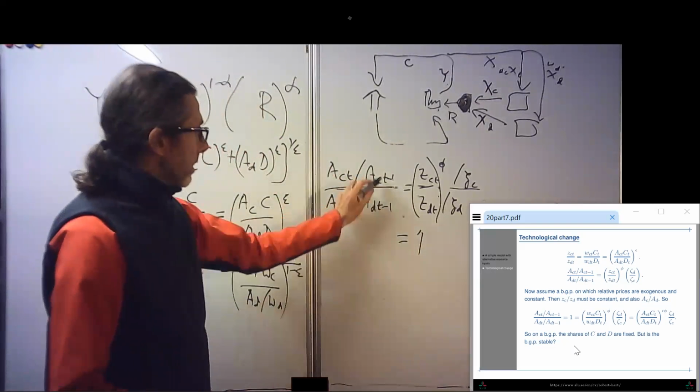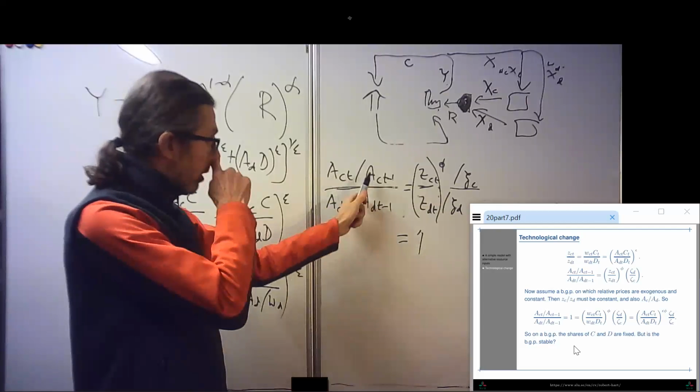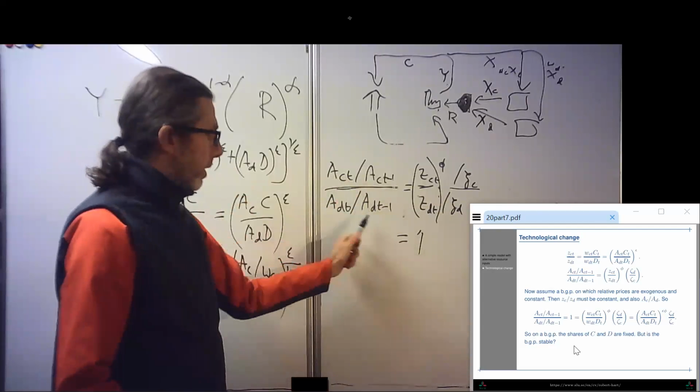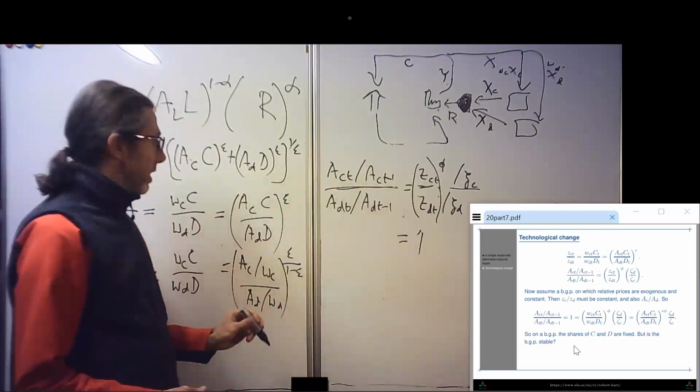If that is 1, it means that these two knowledge stocks are growing at equal rates, so the ratio is not changing.